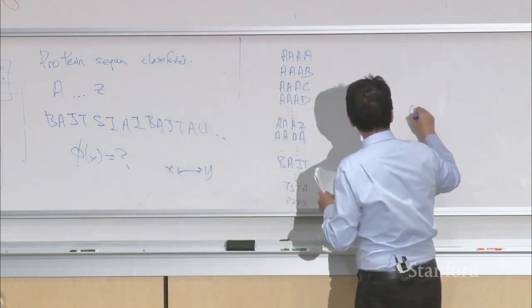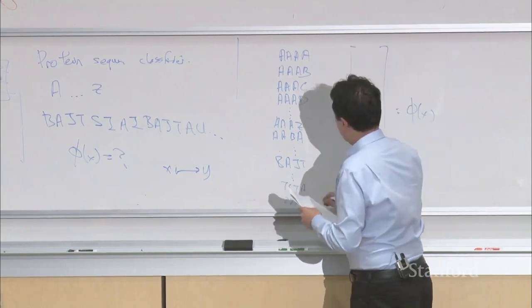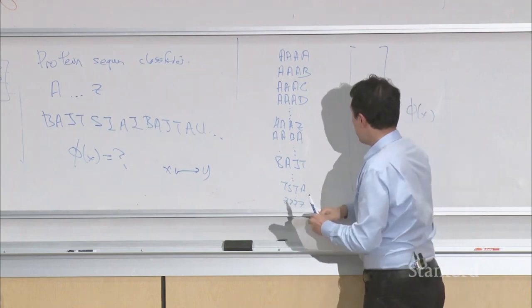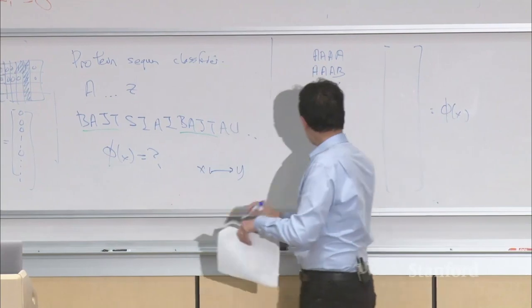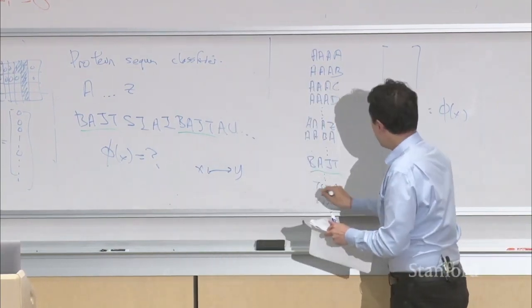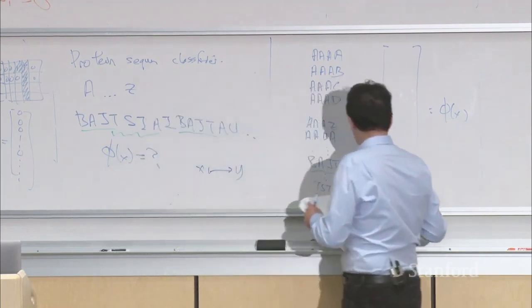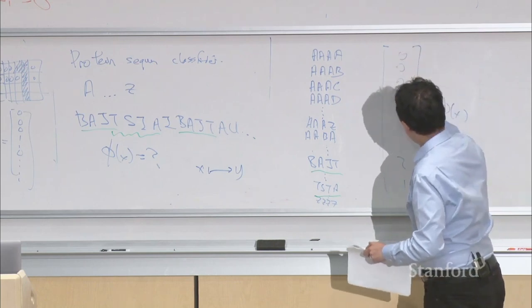And then I'm going to construct phi of X according to the number of times I see this sequence in the amino acid sequence. So for example, BAJT appears twice, so I'm going to put 2 there. TSTA, whatever, appears once, so I'm going to put a 1 there, and there are no AAAAs, no AAABs, no AAACs, and so on.